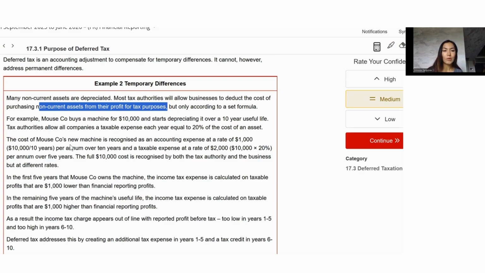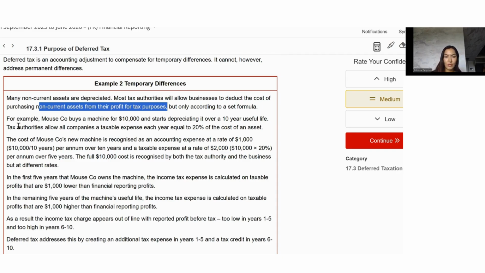The cost of Moscow's new machine is recognized as an accounting expense at a rate of 1,000. So you just divide 10,000 by 10 years, per annum over 10 years, and the taxable expense is at a rate of 2,000.